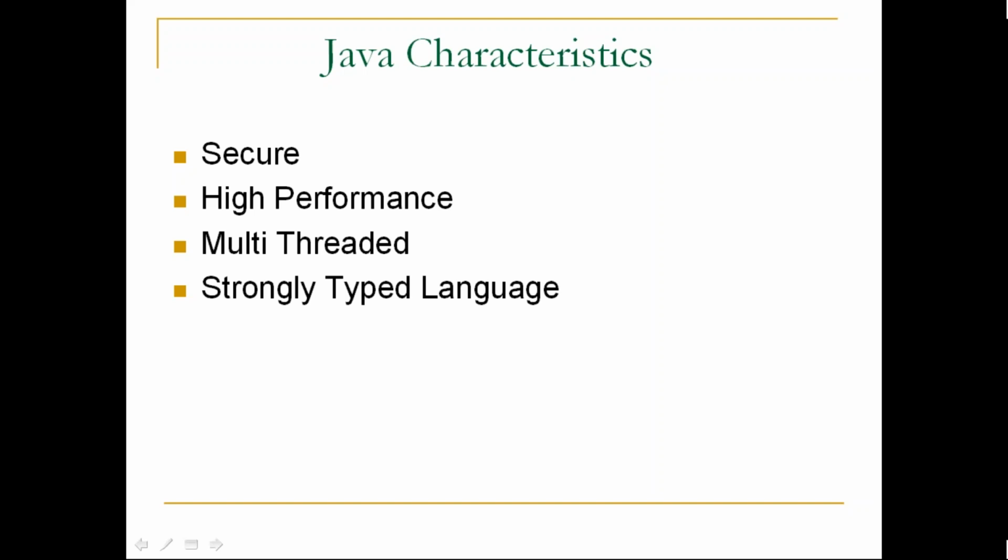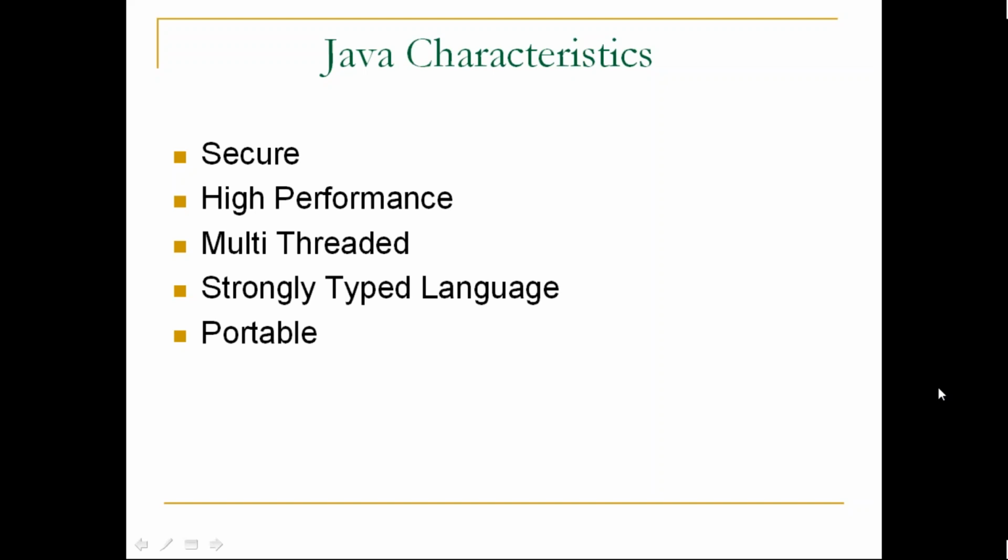Okay, it's a strongly typed language, and it's also portable, in the sense that let's say you write a code, we created one program, and you can execute that program on any type of operating system.